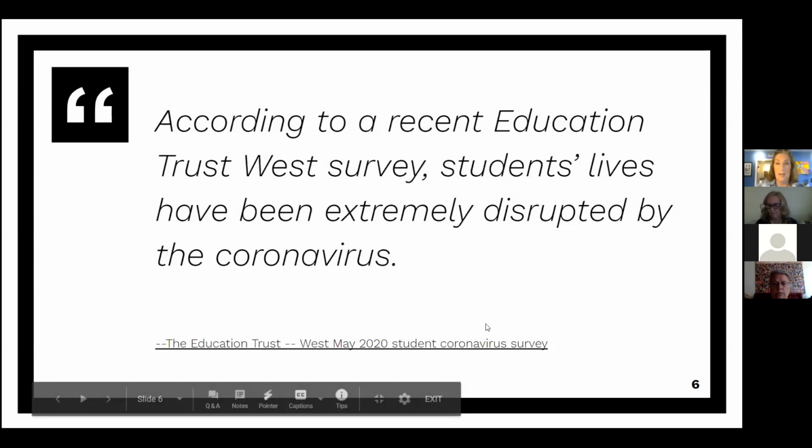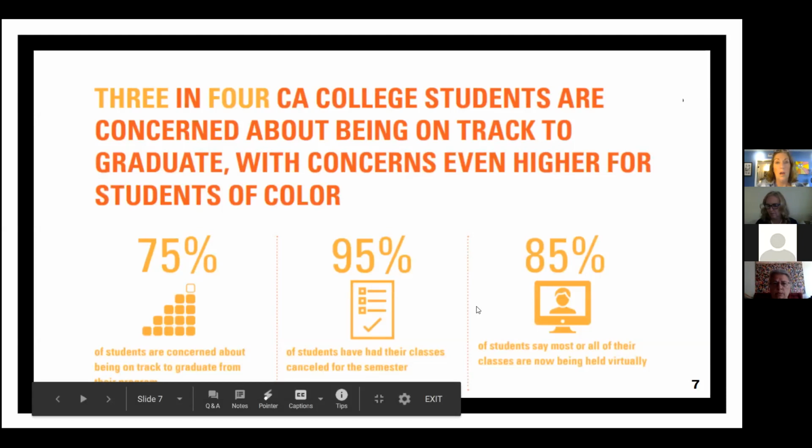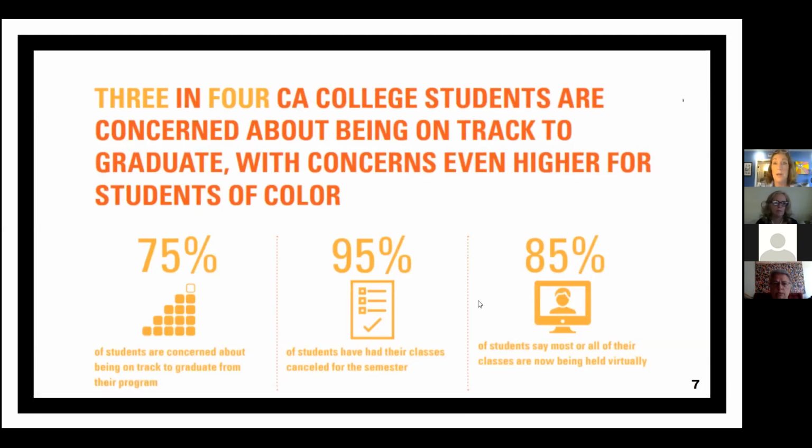Here are some statistics. Three in four California college students are concerned about being on track to graduate. And it's even higher for students of color. So they don't know whether or not they're going to be able to get to where they need to be on the goal track that they had, that their pathway was presented for them prior to this happening.